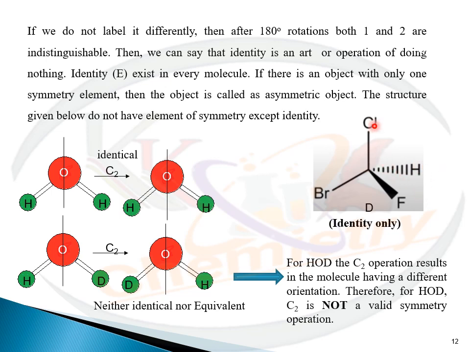Suppose you rotate it by C2, you do not get the exact same structure as the first one. So the C2 operation does not exist over here. This orientation only possesses identity.